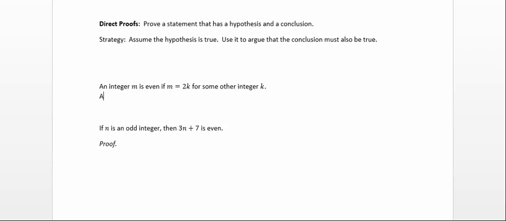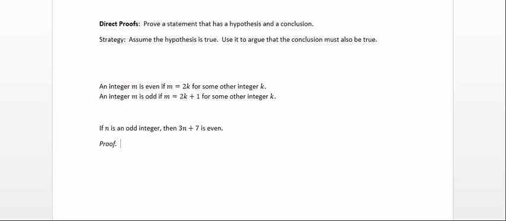And an integer m is odd if m equals 2k plus 1 for some other integer k. So basically 2 times something plus 1. There are other ways to write it, but these are the usual definitions of even and odd. Okay, so now back to what we're trying to prove.